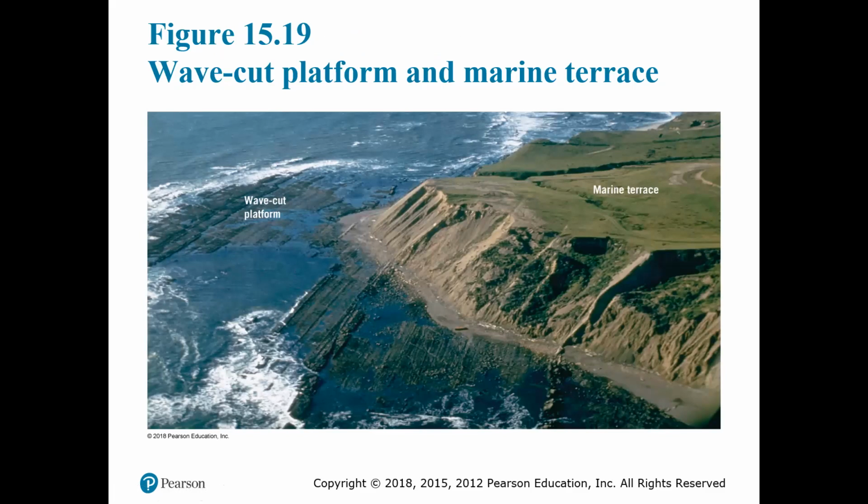The cliff is going to retreat, and we get this wave cut platform. This is what is left behind by the receding cliff. If the wave cut platform is uplifted due to tectonic activity, then we can get this marine terrace that results.